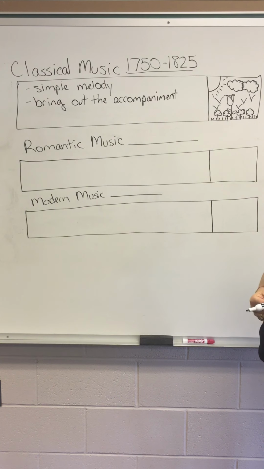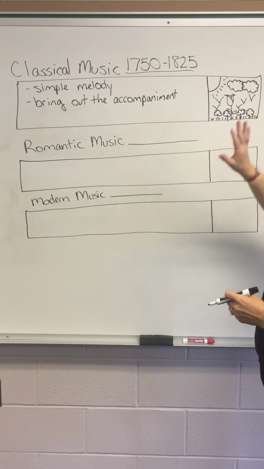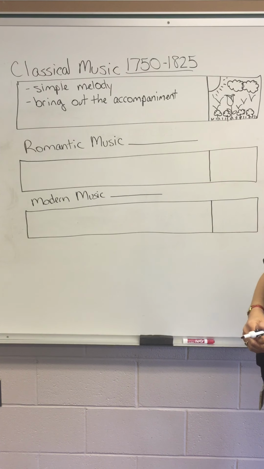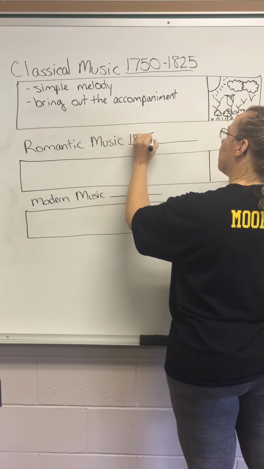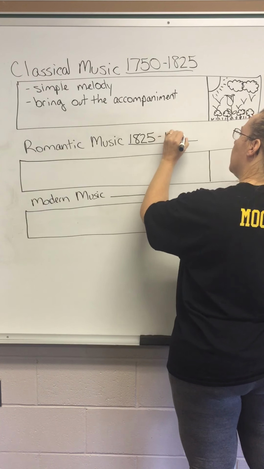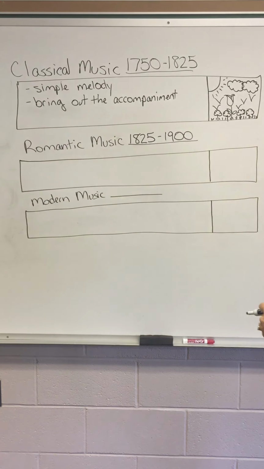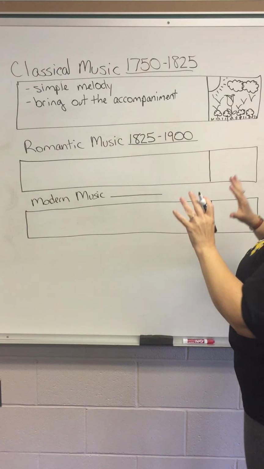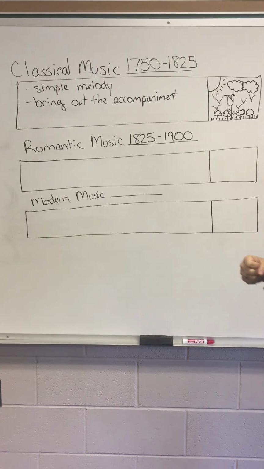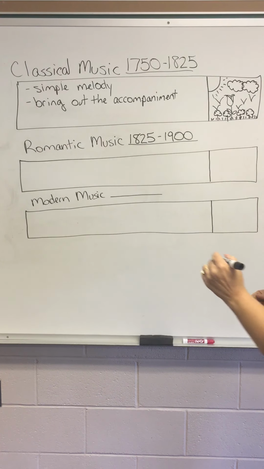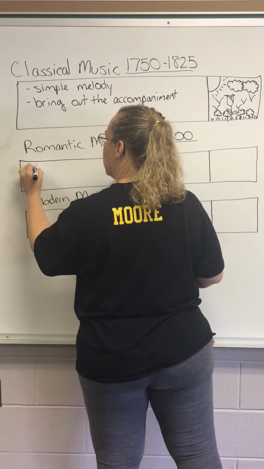Around 1825, composers started taking a look at the music and saying, you know what? That's a little too busy for me. I really want people to feel the music. So around 1825, they decided, let's not be so busy, but let's really draw out the emotion in the music.